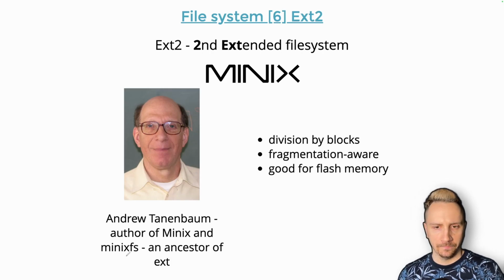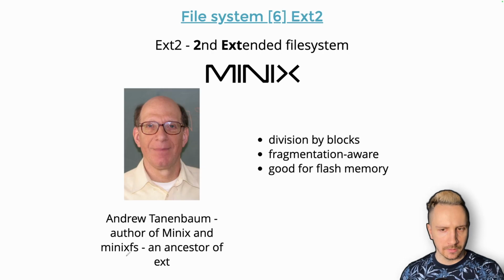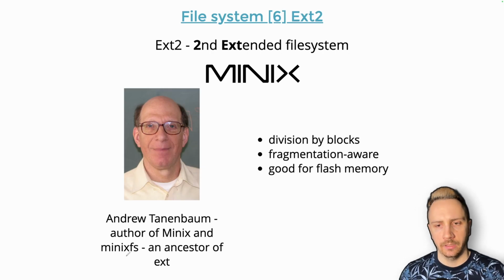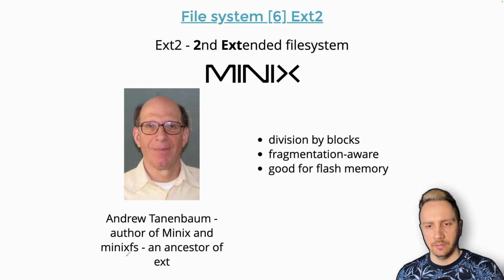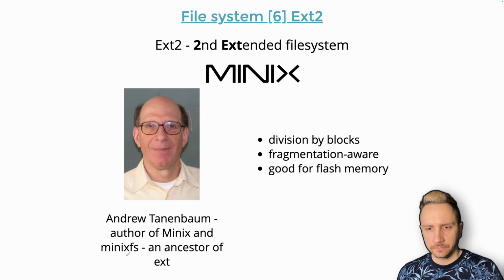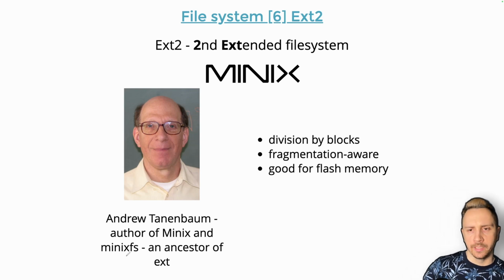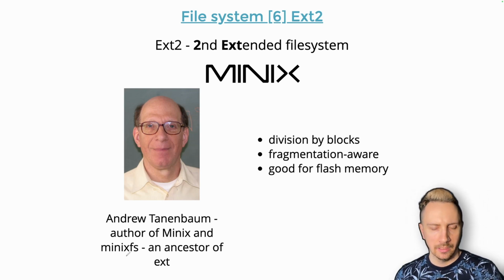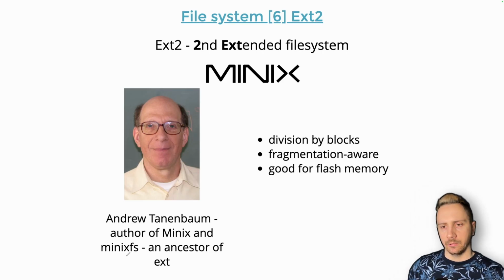The first version is considered outdated, I guess. And ext2 is already quite readable and still a very much usable file system to these days. Yeah, there are also numbers 3 and 4, but they are a little bit more complicated. So we are going to look at the second one as not too trivial, but also not overly complex for us to understand.